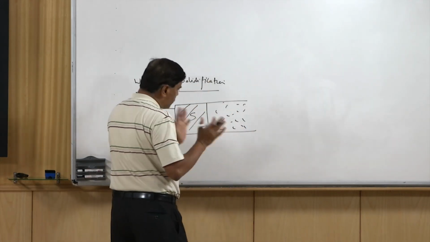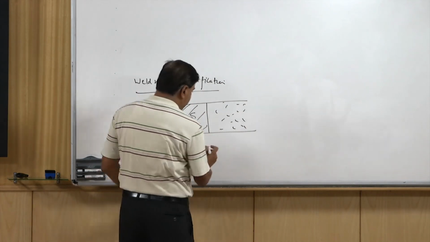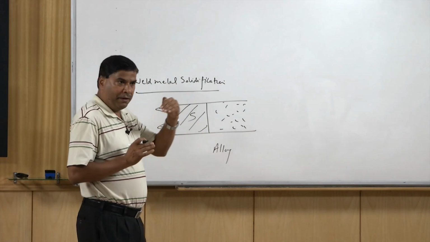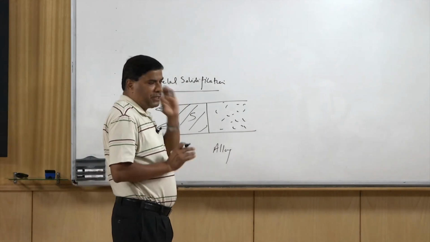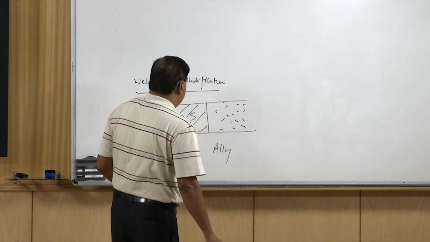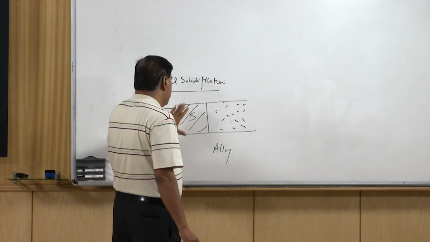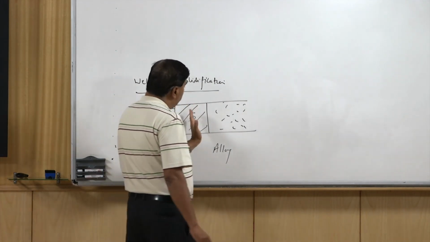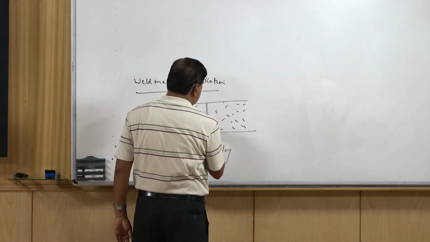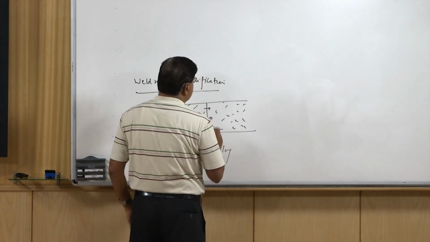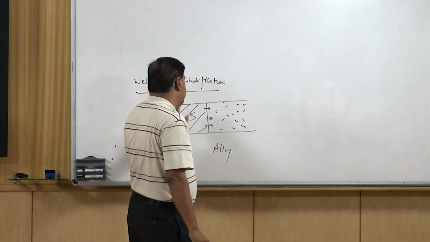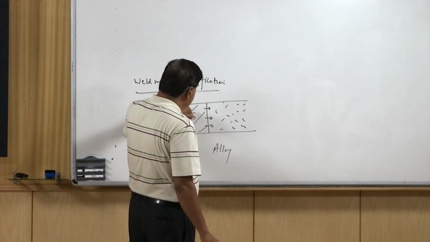In a typical case, if it is an alloy, solidification starts with the formation of the pure metal, or the metal with the minimum concentration of the alloying element and one having the higher liquidus temperature. So, this is the portion of the solid which will be formed by consuming the liquid metal and rejecting the excess alloying elements which are beyond the solubility limit in the solid state.